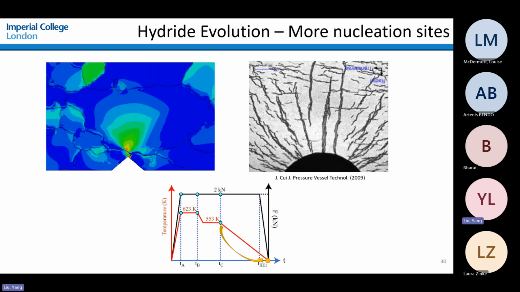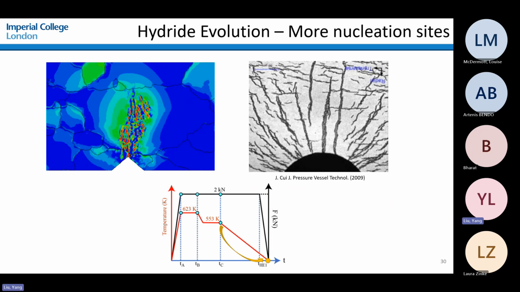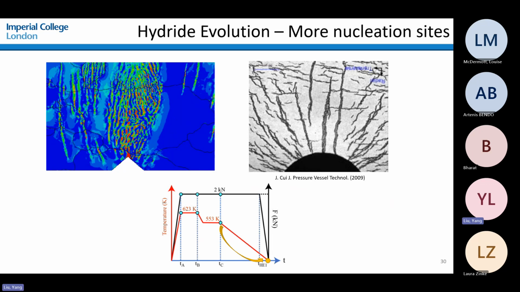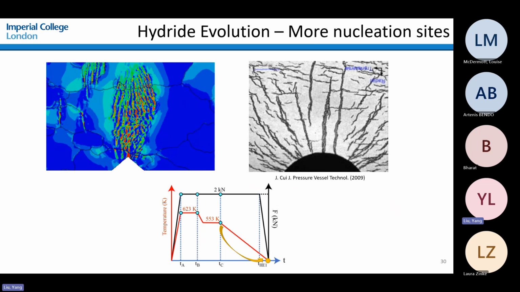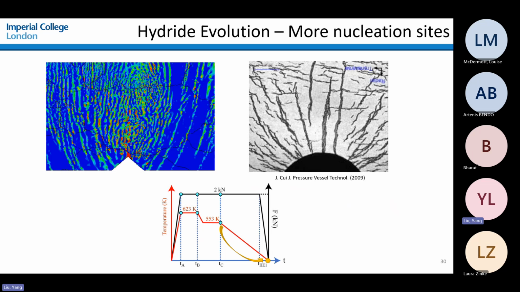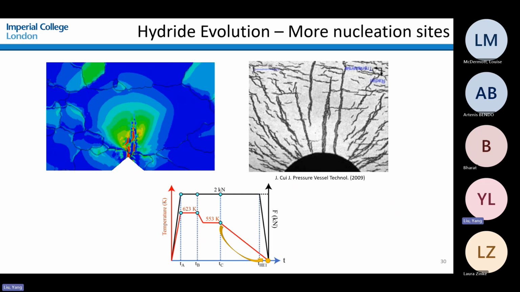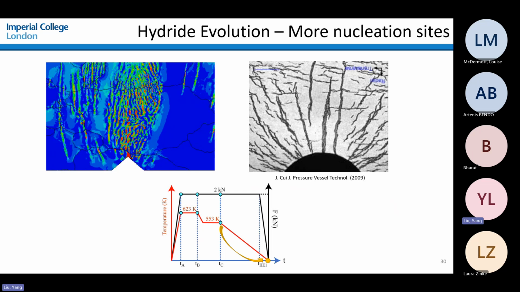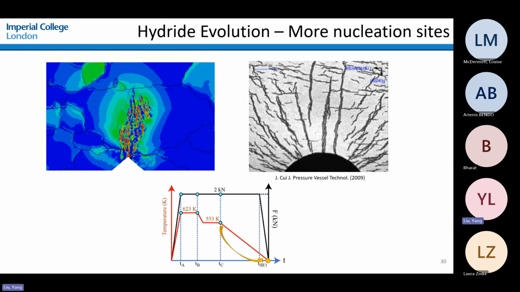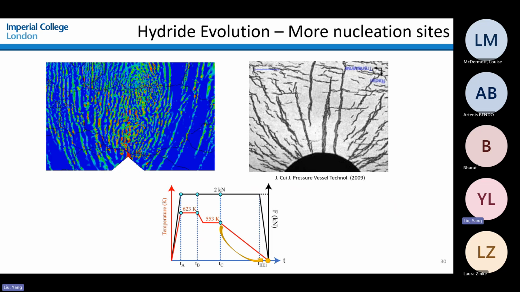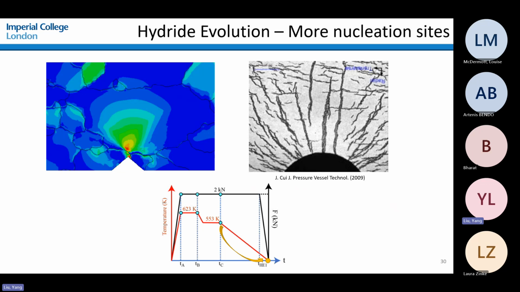The hydrides would then form following the stress intensity distributions, forming these bands of hydrides. This is consistent with the previous studies with equiaxed grains: more nucleation sites in the material means more hydrides would form in this fashion.